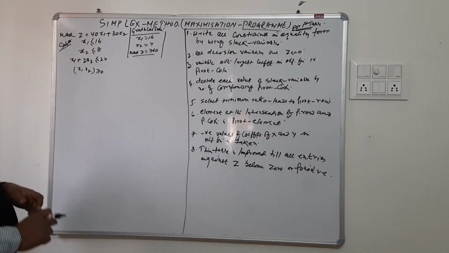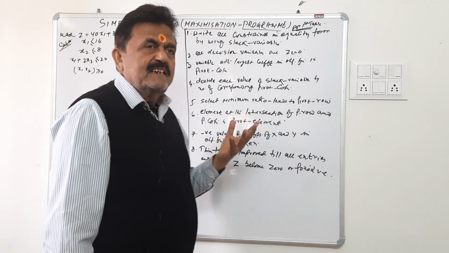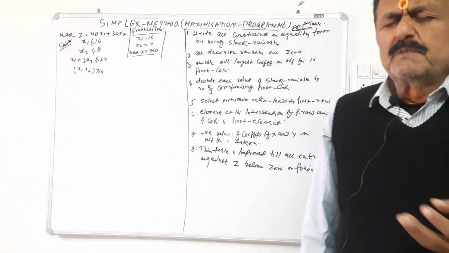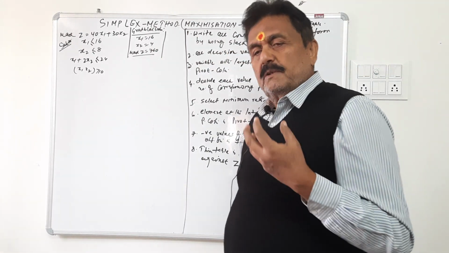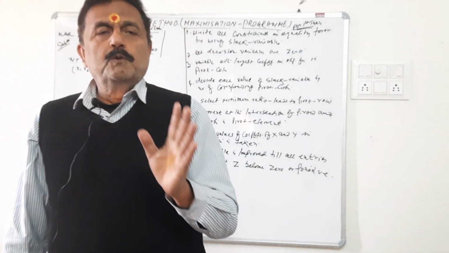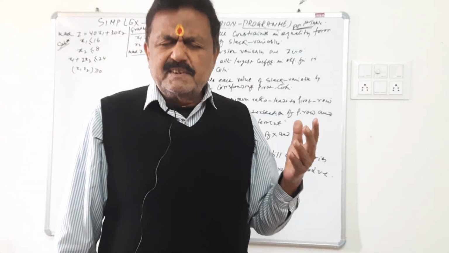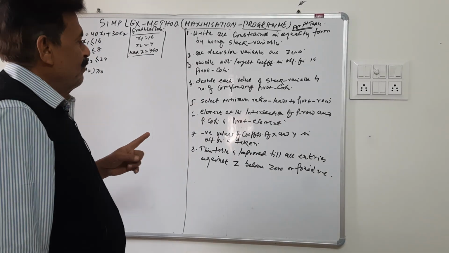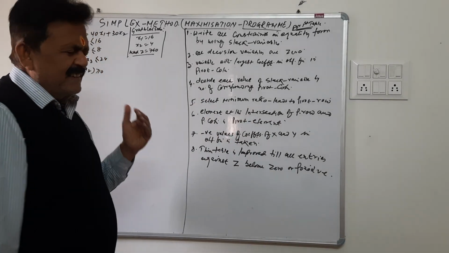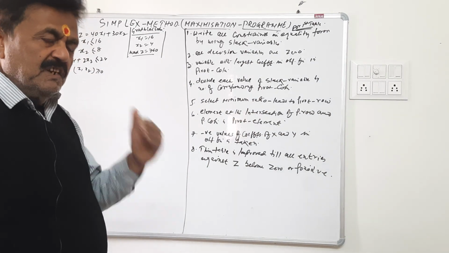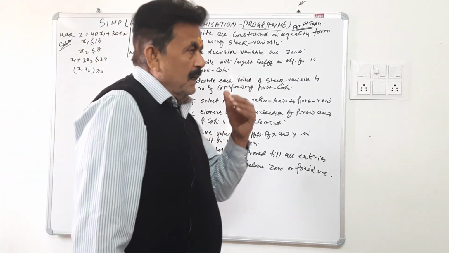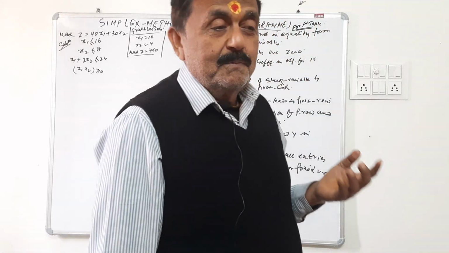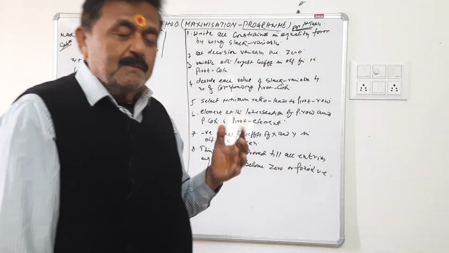Now, this simplex is an iteration technique. In this method, we start our journey from the worst solution with the hope that it could be improved to the utmost extent, and this iteration or improvement is continued till the improvement becomes absolutely infeasible or the cost of improvement is not bearable.